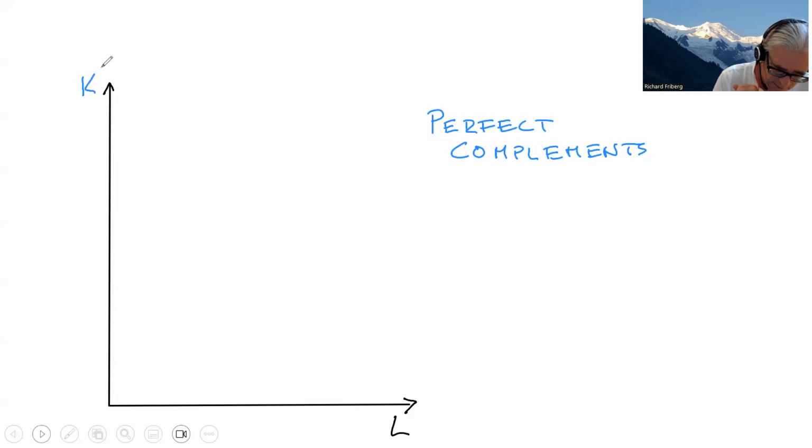Maybe we should do that in black, just to keep things the same. So now let's look at the case of what we call imperfect substitutes. That's the way we term this.